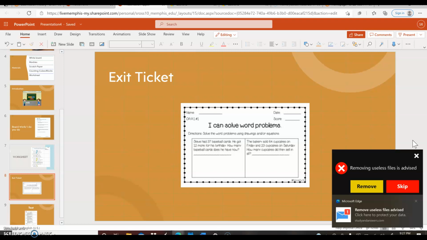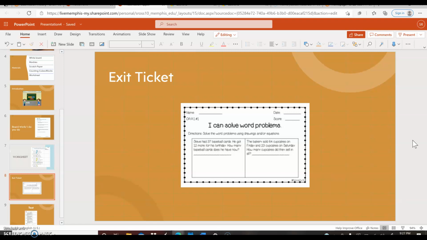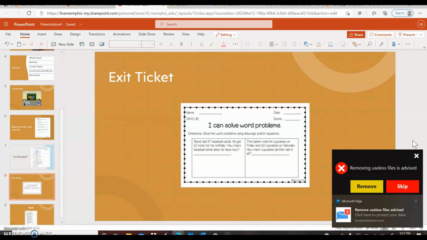As each student comes to the door, I'm checking those two word problems, and if I see any errors, I have the student go back, correct it, come back, and then check it again. If it's correct, I then let those students go with the next class to recess as an exit ticket.